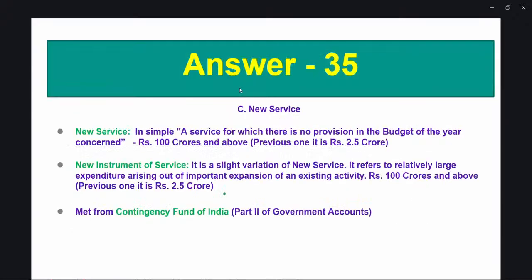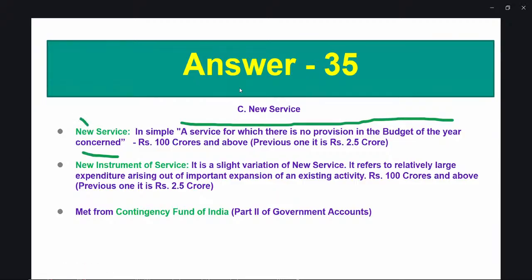New service is nothing but, a simple definition, a service for which there is no provision in the budget of the year concerned. Suppose the Prime Minister visited Secunderabad and announced a construction of some activity, one building or provision, costing around 120 crores, but there is no budget. We have not proposed that item in the current year budget, but it is promised by the Prime Minister. So that comes as a new service.